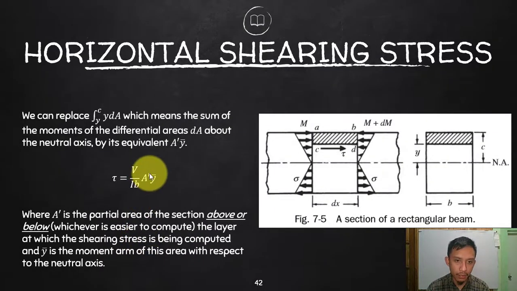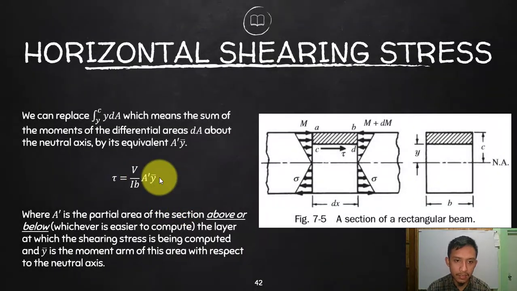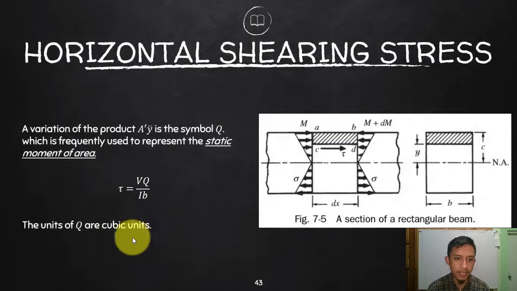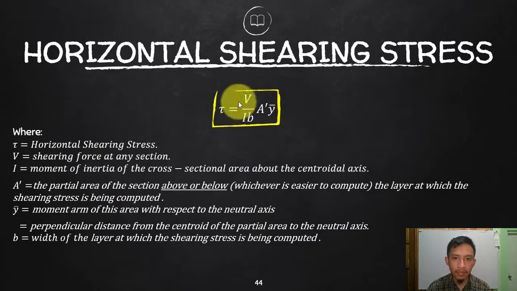Instead of A prime y bar, you can change that to Q, if that is how you want to solve it as a whole. If you consider Q as a single quantity, it is area times a distance, so you will expect cubic units. It's up to you. You can use this, or you can change that to Q.